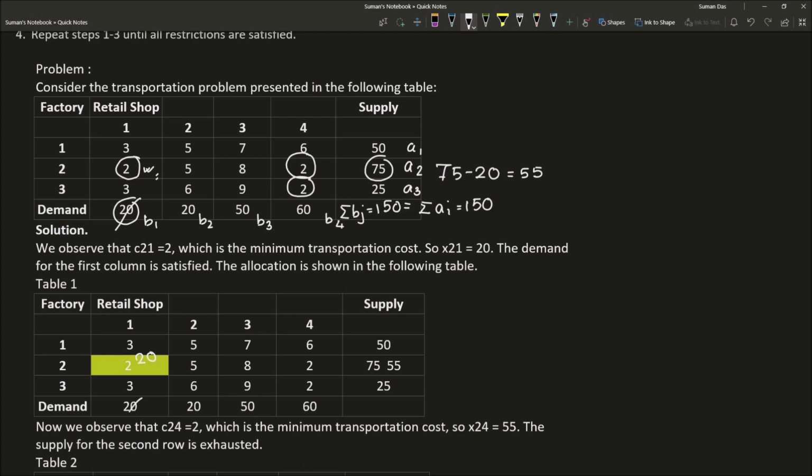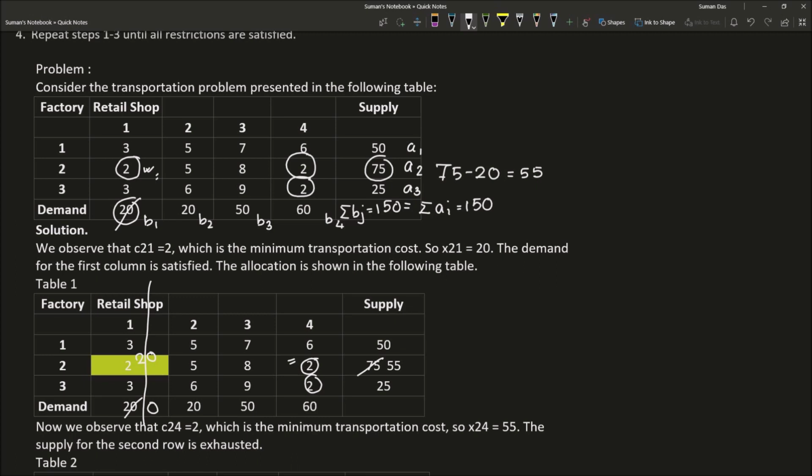So that one becomes 0 and that one becomes 55, and accordingly we cross out that column. Next we proceed to the other two cells where the cost value is the same, that is 2 and 2.